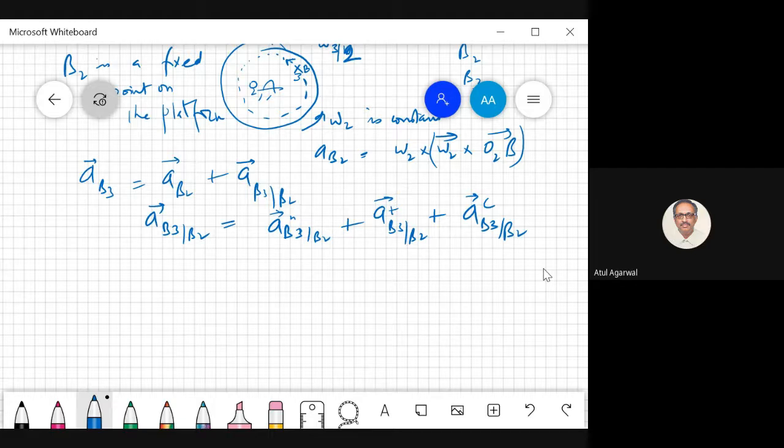You see, this fellow is going around with omega 3 with respect to the platform. The observer is seeing that this fellow is going with angular velocity 3 with respect to the rotating platform, 3 with respect to 2. What is absolute angular velocity of particle 3? It will be angular velocity of platform plus whatever is seen from the rotating platform.